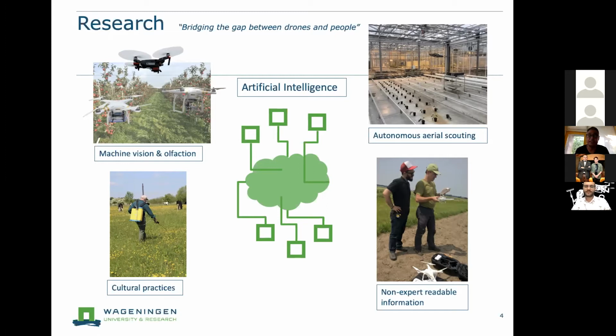With this information, I build artificial intelligence systems that can later be embedded in autonomous drones that can autonomously scout fields and provide readable information to a non-expert user. Basically, what they can provide to the farmer is a to-do list, something simple and easy to trigger.